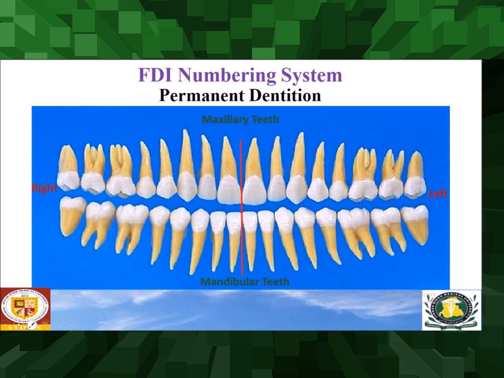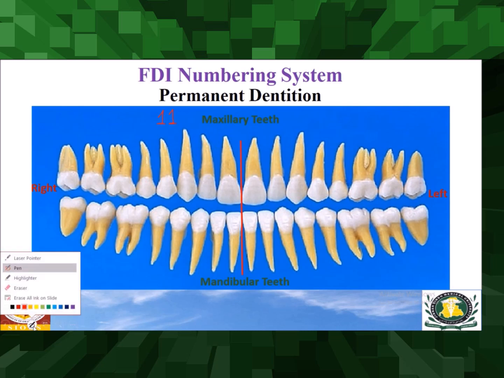In the FDI notation system, the maxillary right quadrant is numbered 1. And this tooth is the first tooth from the midline, so we number it 1. This tooth is pronounced as 1, 1, not 11.